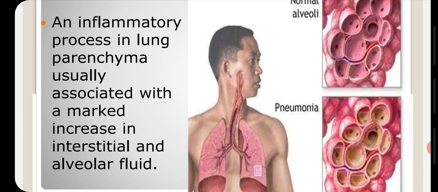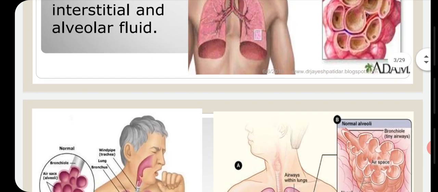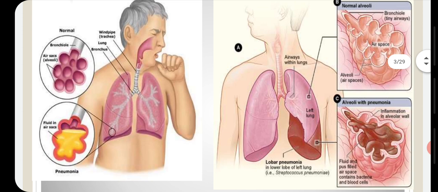So, different types of pneumonia-causing bacteria are identified, and some are discussed. Some are Streptococcus pneumoniae, Klebsiella pneumoniae, Chlamydia pneumoniae, and Serratia marcescens. These are some strains of bacteria causing different types of pneumonia.